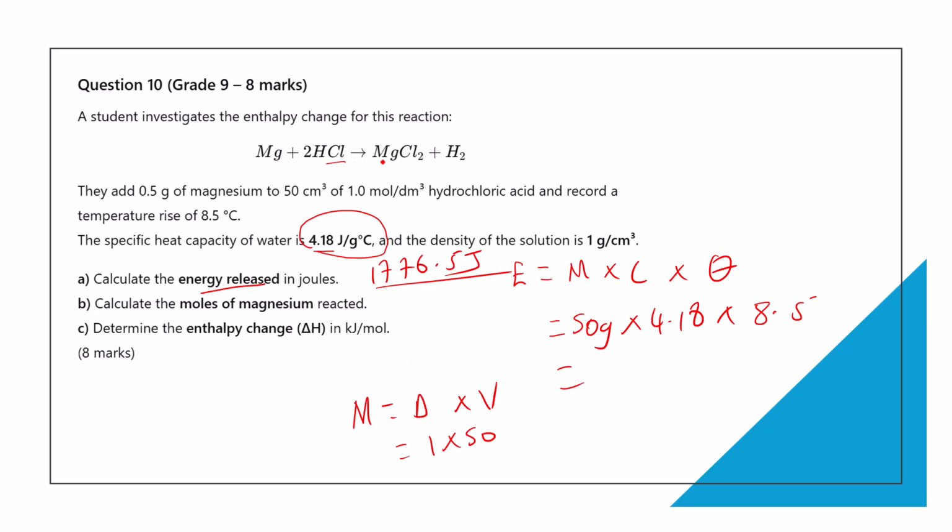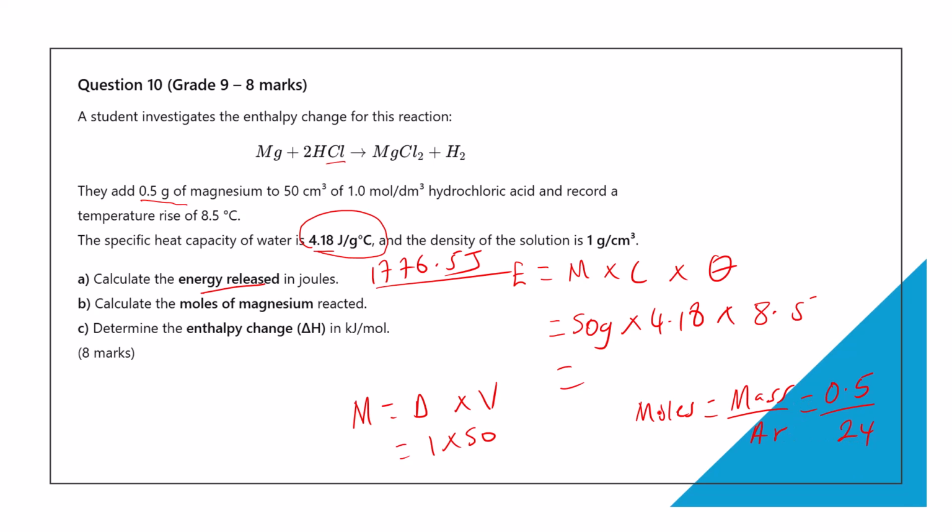Now, the equation has been balanced, isn't it? So the 0.5 grams of magnesium is what they used. Let's assume that all of that reacted. Now the number of moles is always given by the mass divided by the Mr or Ar. The mass used is 0.5, but the Ar, the atomic mass of magnesium, is always 24.